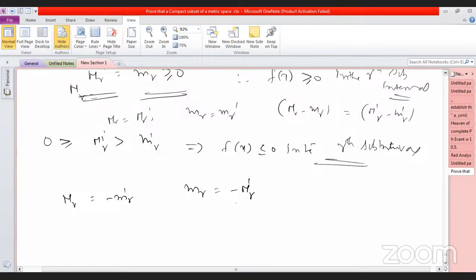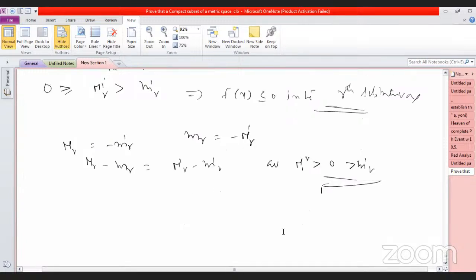Yes, sir. Supremum minus infimum. So Mr minus small mr equals M dash r minus small m dash r. Then we write M dash r greater than 0 and small m dash r less than 0, right? Yes, sir.